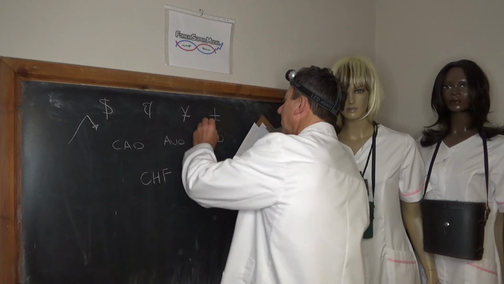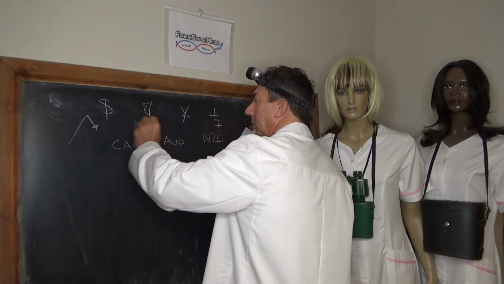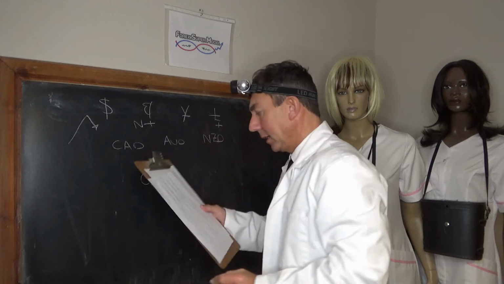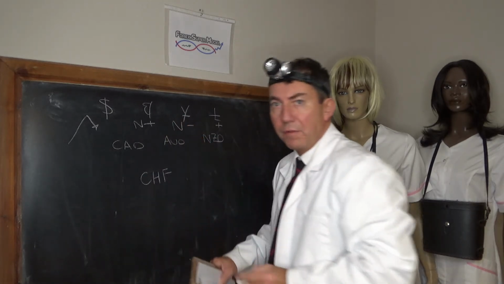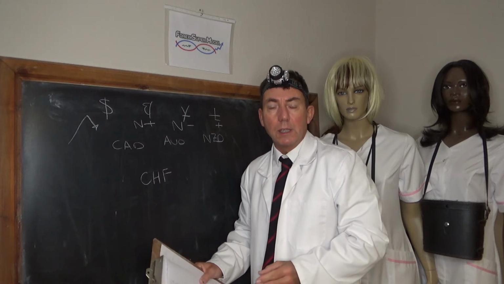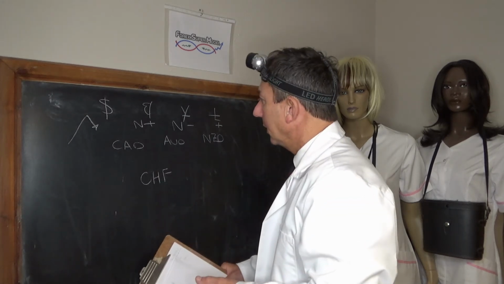So the pound is positive, the euro's neutral to positive, and the yen is neutral to negative. Remember the yen is very pumped. All last week it was the unopposed negative driver.